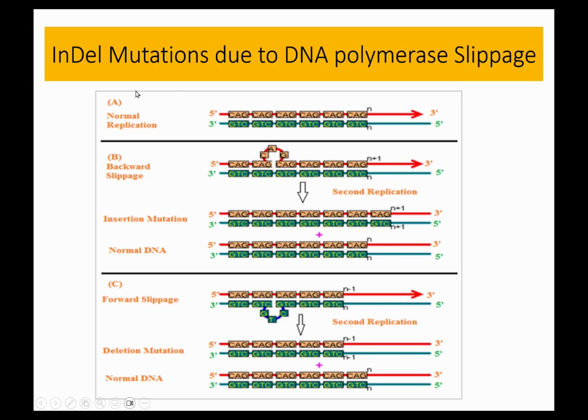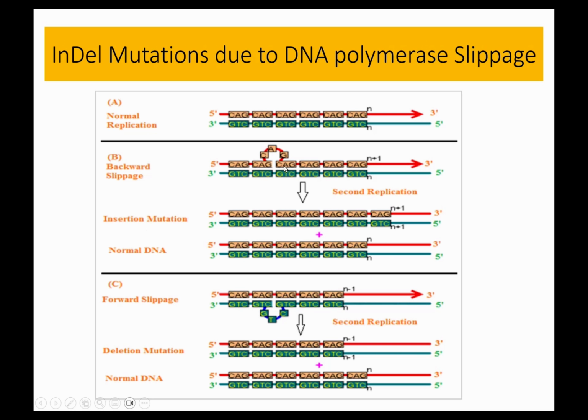Here you have your normal cell or your wild type cell. The green is your template and the red is a newly synthesized strand. So this one you have to pay a little bit extra attention and follow this. I want you to understand exactly how it is that you end up with a deletion and an insertion. If polymerase slips backwards, in other words, if it's synthesizing and it moves backwards, then you get an insertion mutation in the following way.